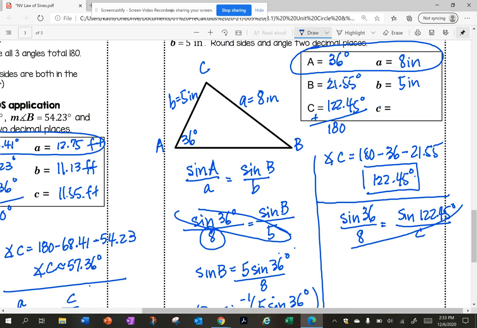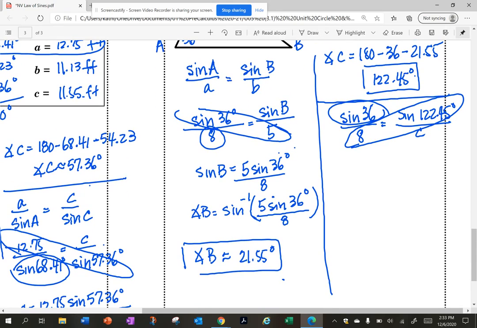So I'm going to cross multiply and divide by my third. So I get side C equals 8 times the sine of 122.45 degrees divided by the sine of 36 degrees.